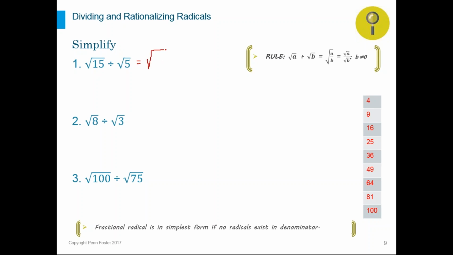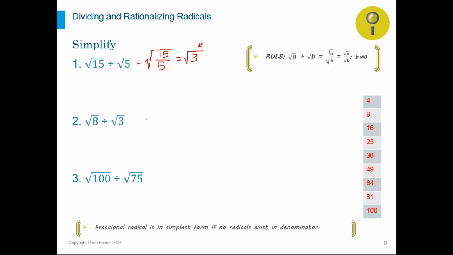I'm just going to write it out for you the first time here, and then just divide mentally afterwards. So it's like dividing 15 over 5 and taking the square root of the quotient. That would be the square root of 3, because 15 over 5 is 3. So the answer is the square root of 3. Since 3 is the simplest form here and does not have any perfect square factors, this would be our final answer.